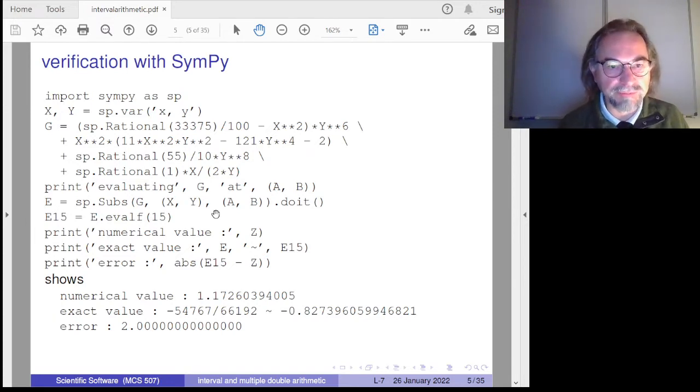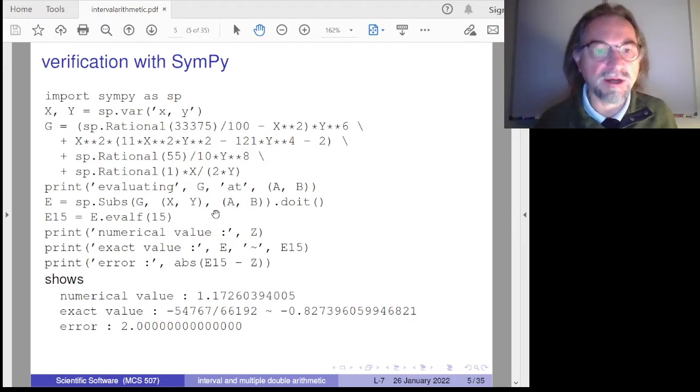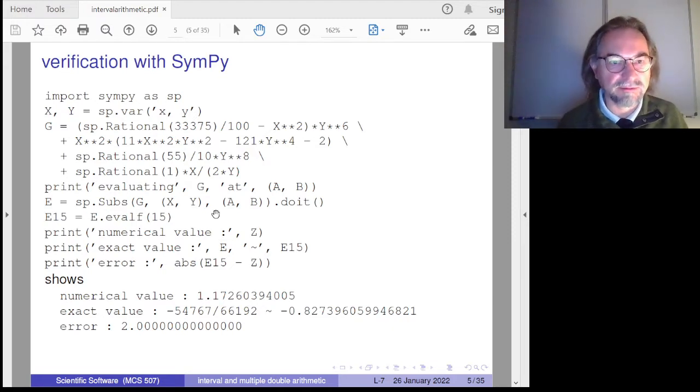So in order to make it proper, I made sure that the expression is no longer a function, it's a SymPy expression using explicit rational numbers.